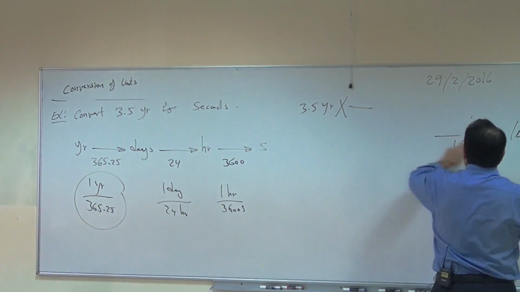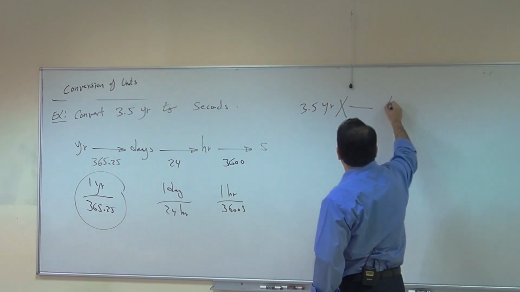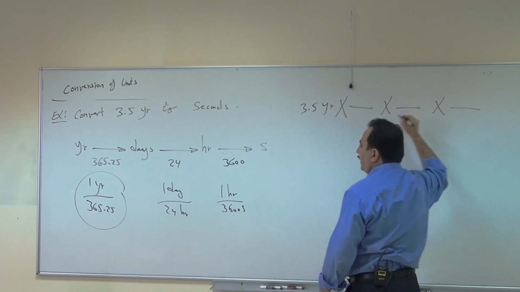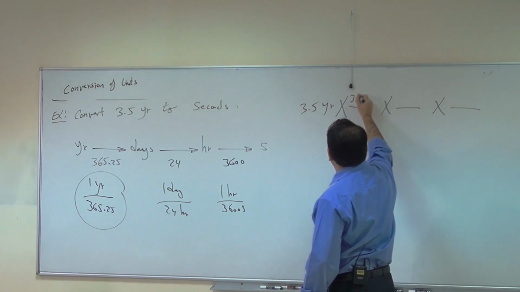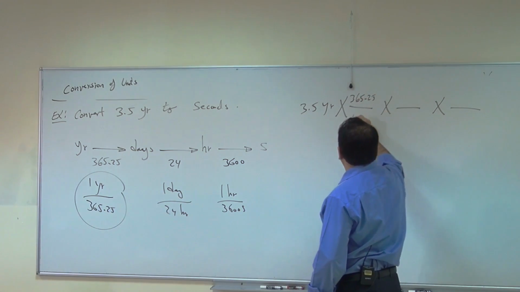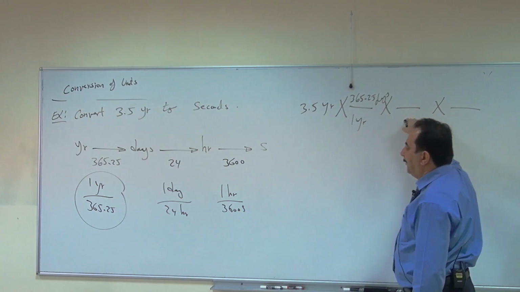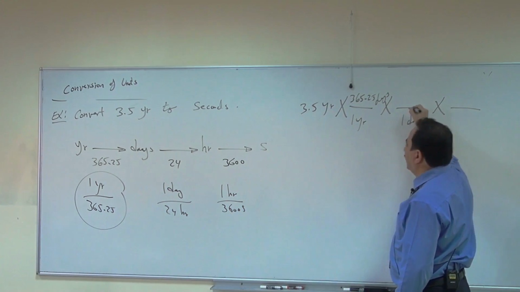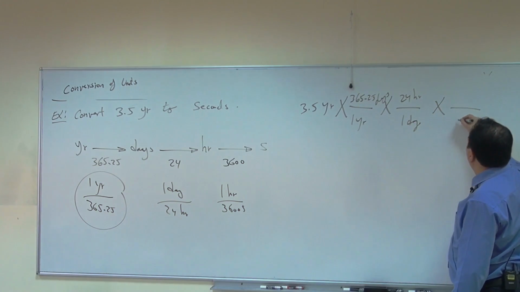We need 3 conversions, yeah? 2, 3. First one. And then 1 day, 24 hours, 1 hour.